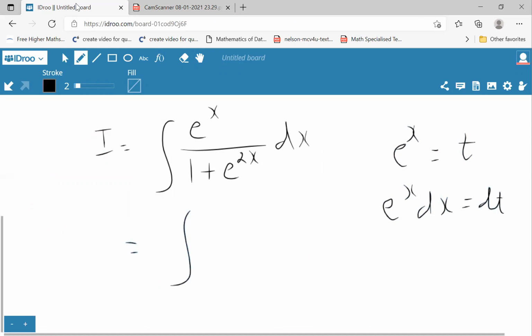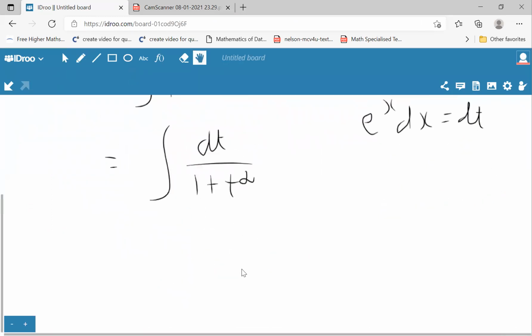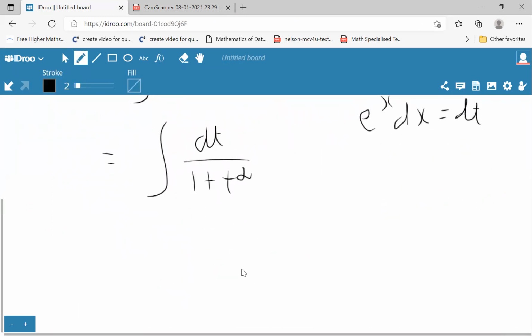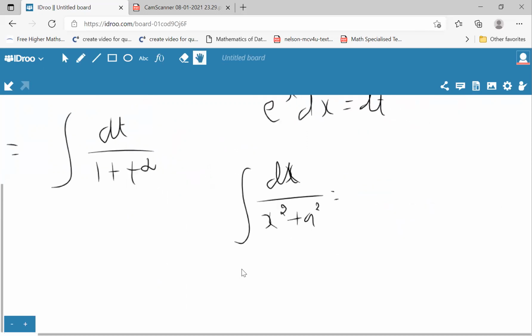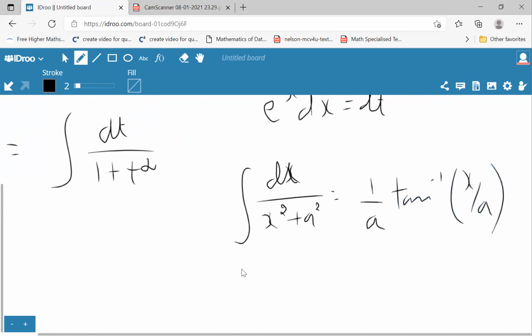So that would now become dt by 1 plus t squared. This is of the form integration of dx by x squared plus a squared, which is nothing but 1 by a tan inverse of x by a.